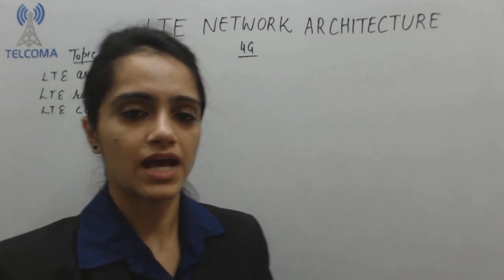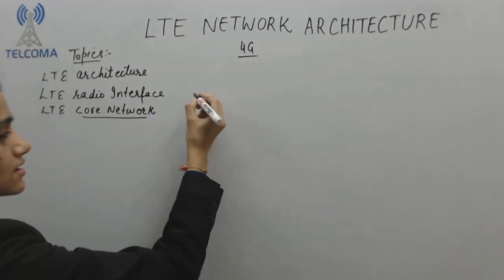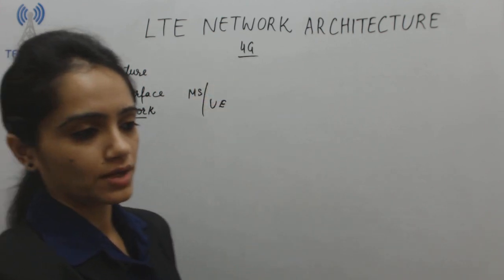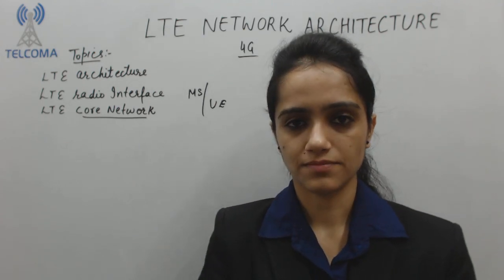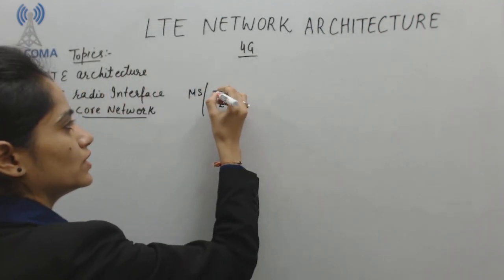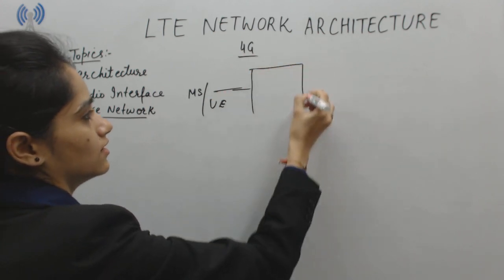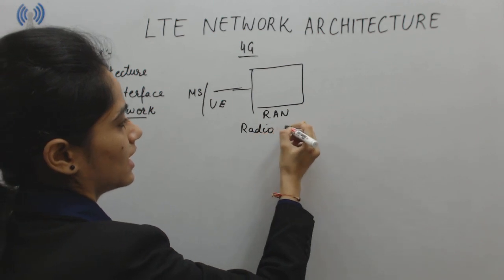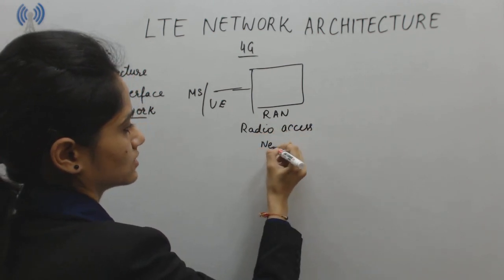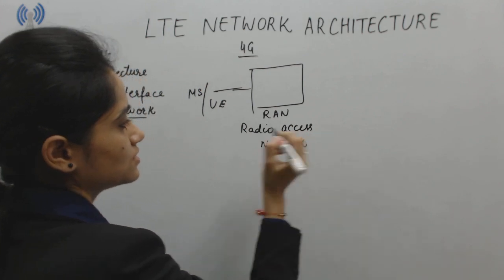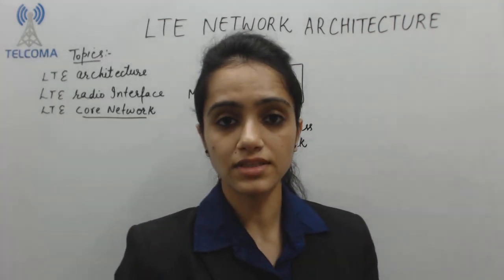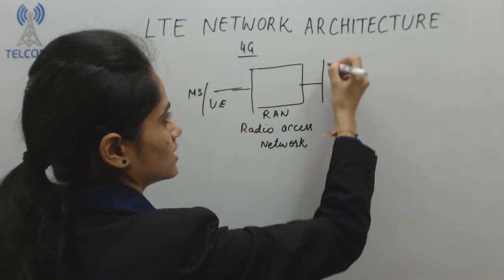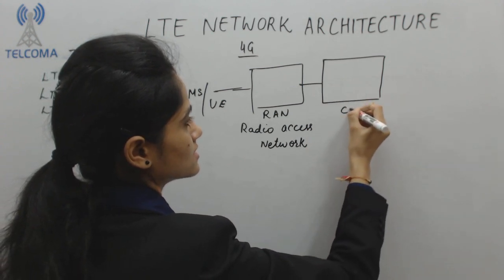Every architecture has basic entities. First, they want a mobile station or user equipment, the very first requirement of any network architecture. Next, the UE should be attached to a RAN part. RAN is the radio access network. That means the UE is in direct contact with the radio access network only. And this radio access network is controlled by the CN.